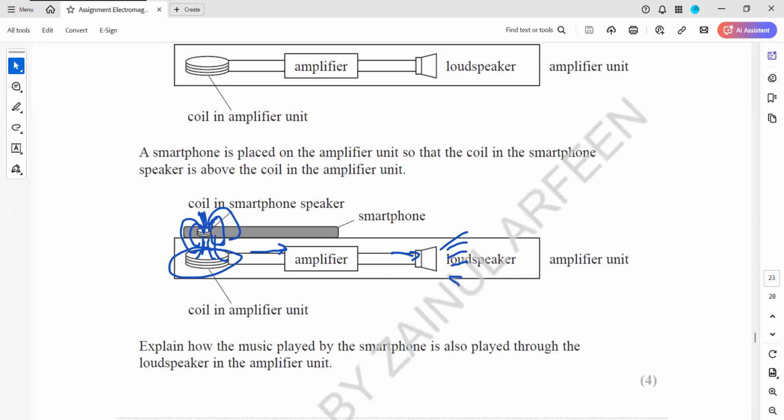And as the circuit is complete, that produces a current which is then fed into a loudspeaker, which converts the electrical energy to sound energy and produces a louder sound. So this is the same working principle as we discussed about the working of a transformer. Same way this amplifier unit is working.